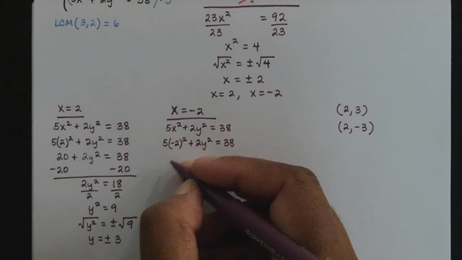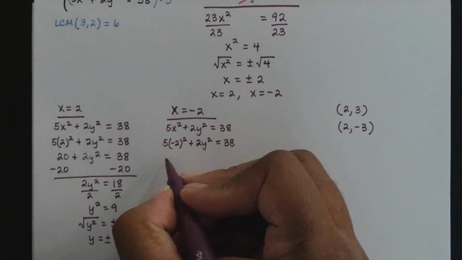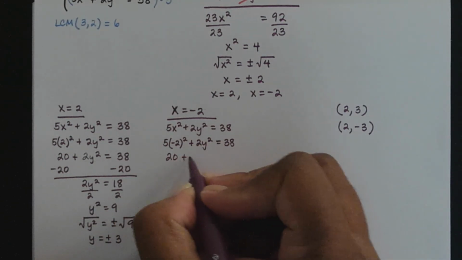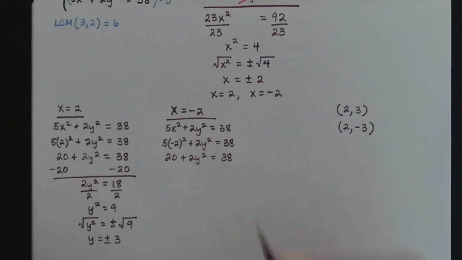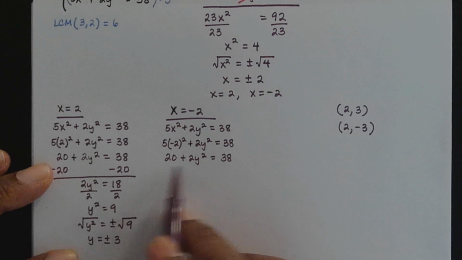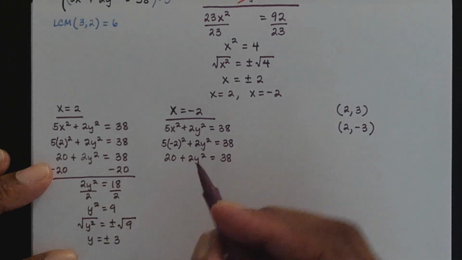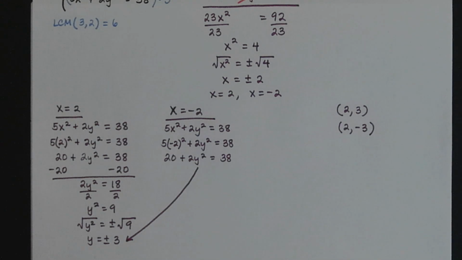If I square the negative 2, that's negative 2 times negative 2, that's positive 4, times the 5 in front, that'd be 20, plus 2y squared, and that's equal to 38. And pretty much I can stop right here because that equation is the same as this equation here, so if I go through that, I'll still get y equal plus or minus 3.